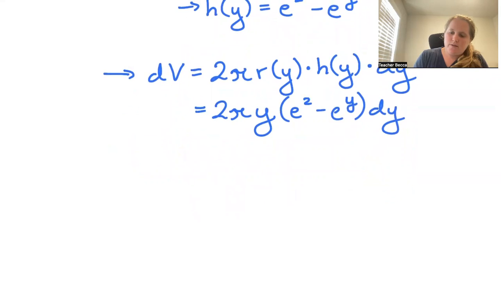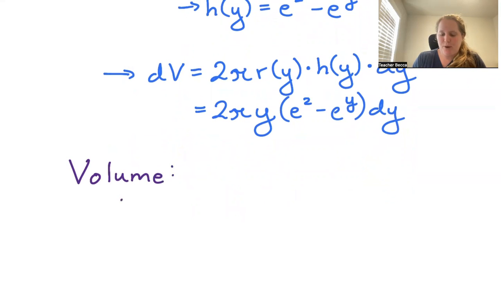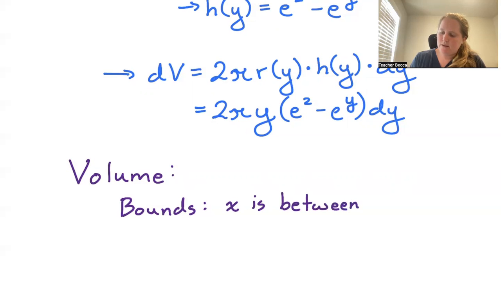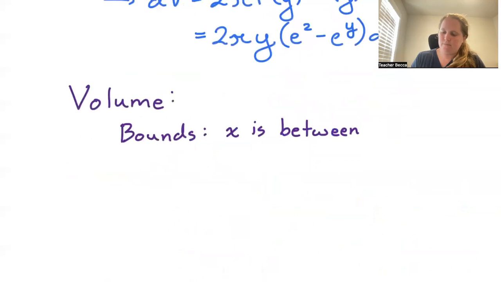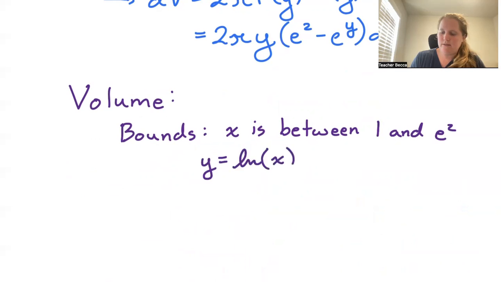Now we have to figure out our bounds. x is between 1 and e squared, and y is simply the natural log of x.